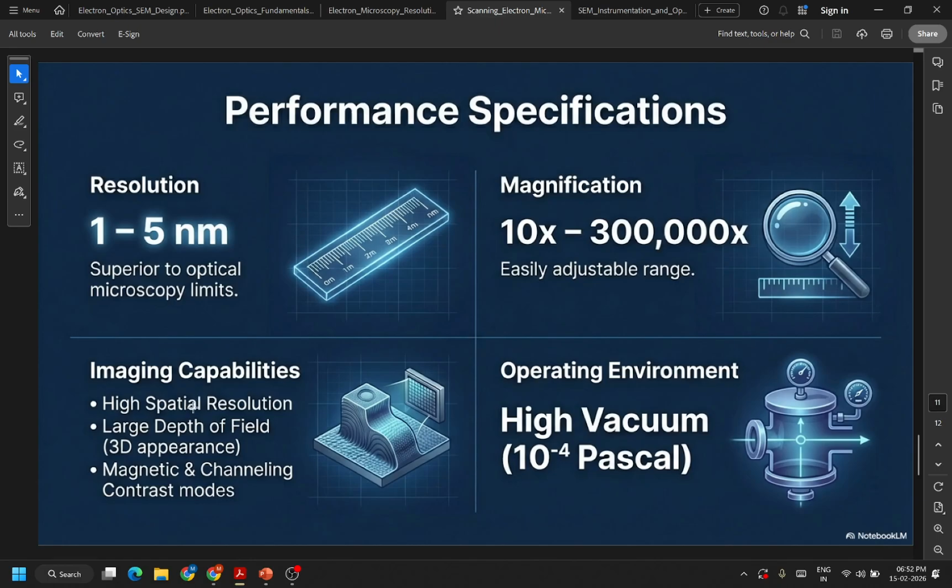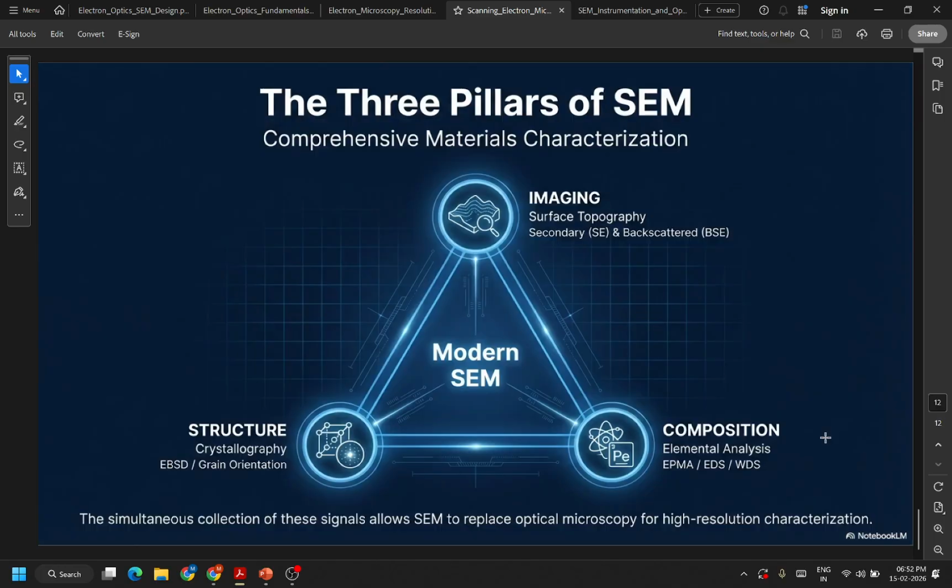So it has high spatial resolution, it has a large depth of field for a 3D-like appearance, and it has different contrast modes for different types of analysis, and it is operated under very high vacuum, like 10 to the minus 4 pascals. So it can be used for imaging, for structural analysis, as well as for compositional analysis.